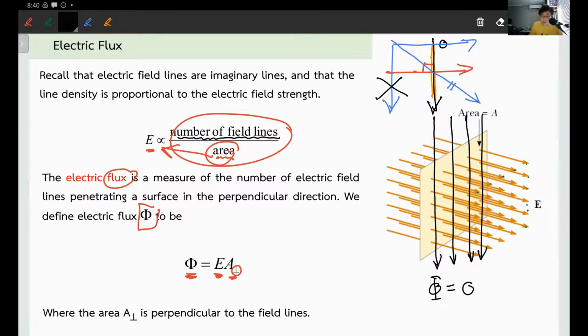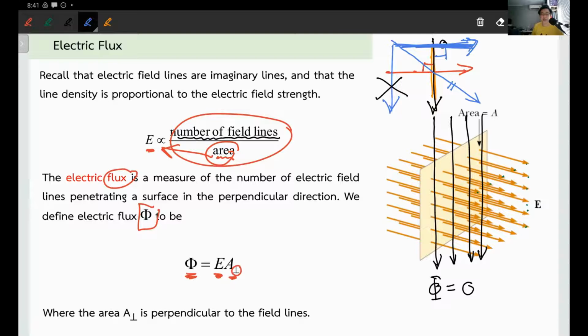I'm going to take only the horizontal component and count that. So I'm only going to count the components of the electric field that point perpendicular to the area. Looks good?